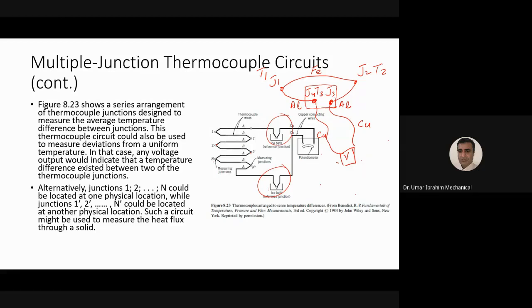Since junction 3 and junction 4 are at same temperature, there is no temperature difference between the two junctions, even though the material are different, because this is aluminum, this is copper, this is aluminum, this is copper. Even though the materials are different, but since the temperature for the junction 3 and 4 made out of different material is same, therefore the voltage contribution by these two junctions is 0.